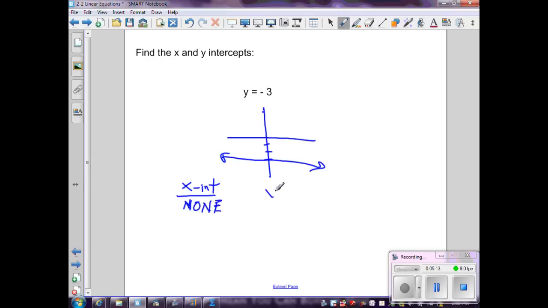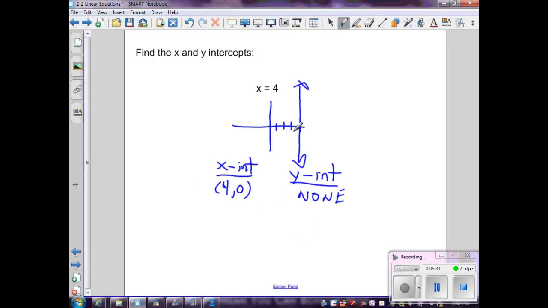And my y-intercept is going to be the ordered pair, 0, comma, negative 3. Recall, here my slope is 0, and on the previous slide, it's a vertical line and my slope is undefined.